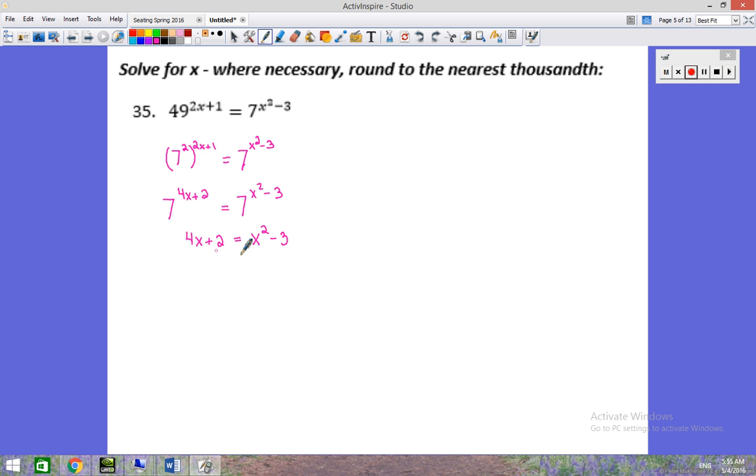Whenever you have a quadratic equation, get it in standard form. Get it in the form ax squared plus bx plus c. From there, attempt to factor it, and if it cannot be factored, use the quadratic formula.